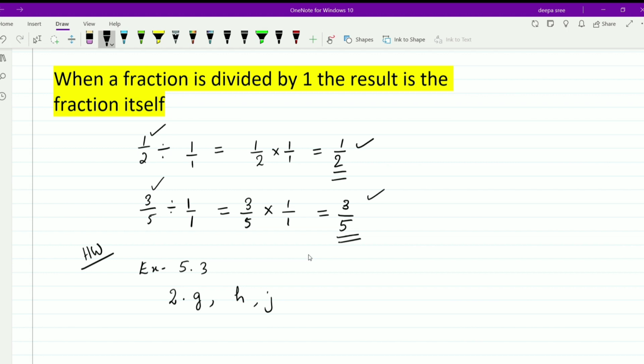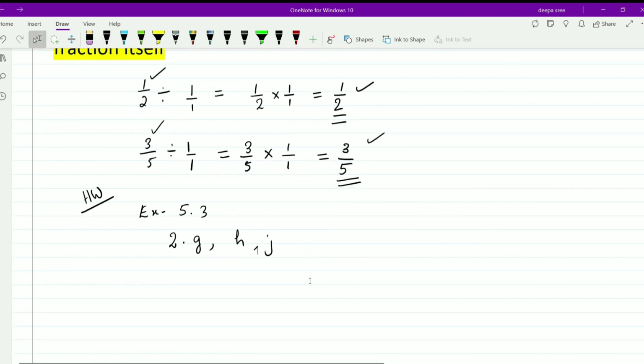I have given 3 questions as homework. And third main: B, D, and G. And fourth fully. This you have to try yourself.